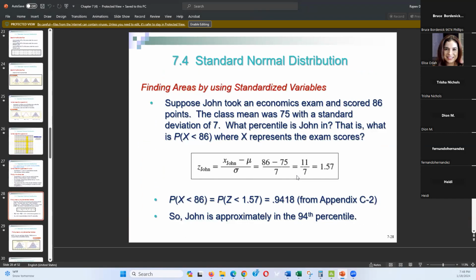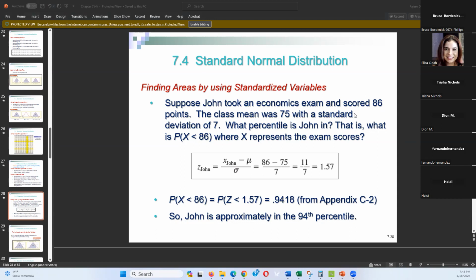Suppose somebody took an exam, GMAT or SAT or GRE, and the average of all the students who appeared in that exam is 75, standard deviation is 7.